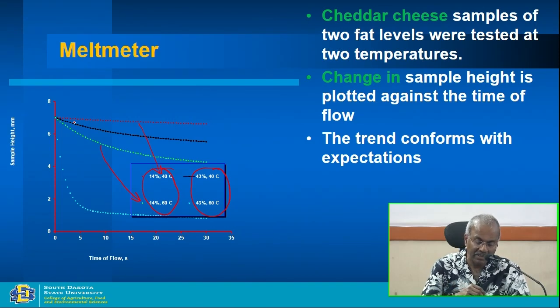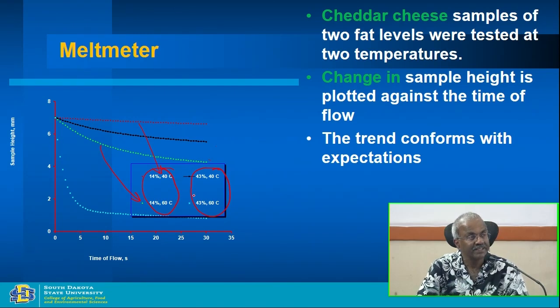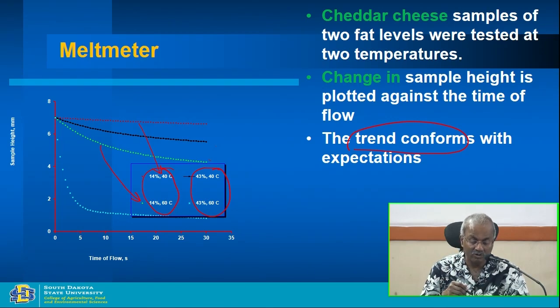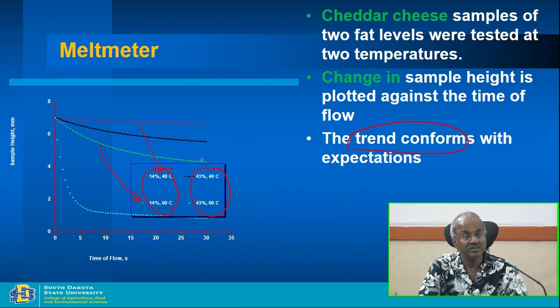The red line is the low fat cheese, low temperature heating. The black line is high fat cheese, low temperature heating, green is the low fat cheese, higher temperature, and the blue one is the high fat cheese, higher temperature. The characteristics we got follow what was expected. The trend confirms this, because high fat cheese is supposed to melt faster, and higher temperature cheese will also melt faster compared to low temperatures.